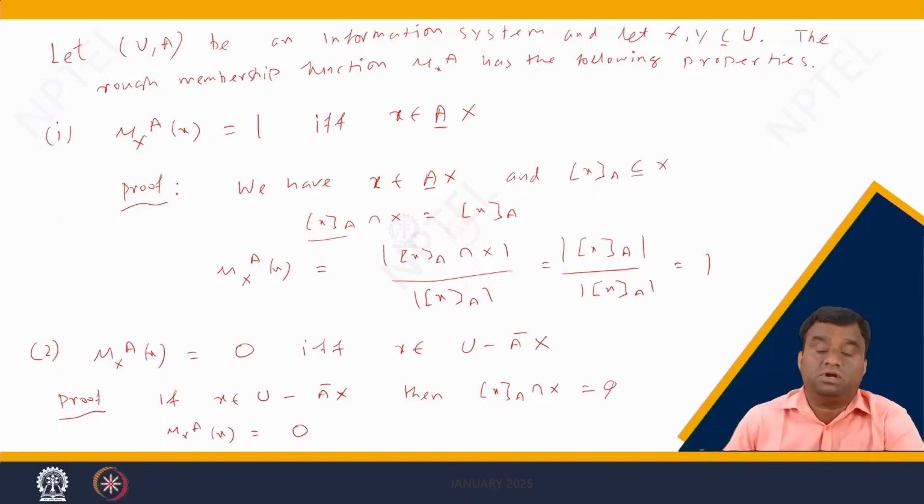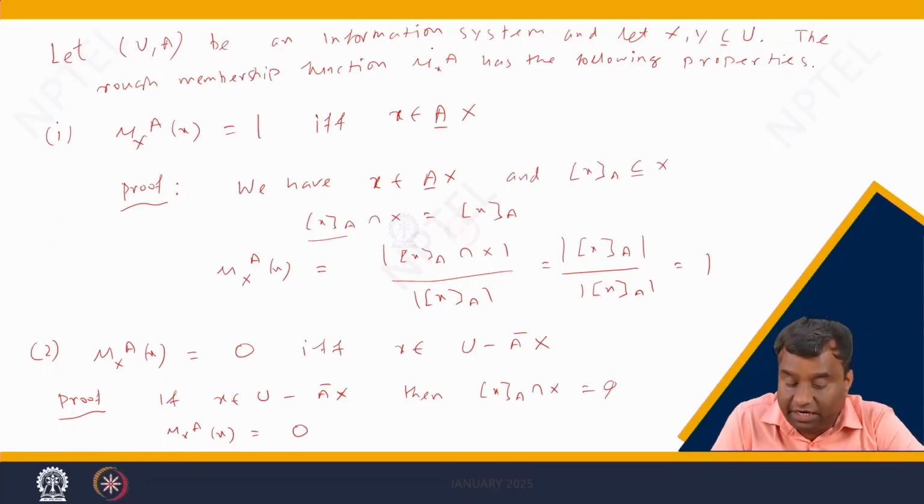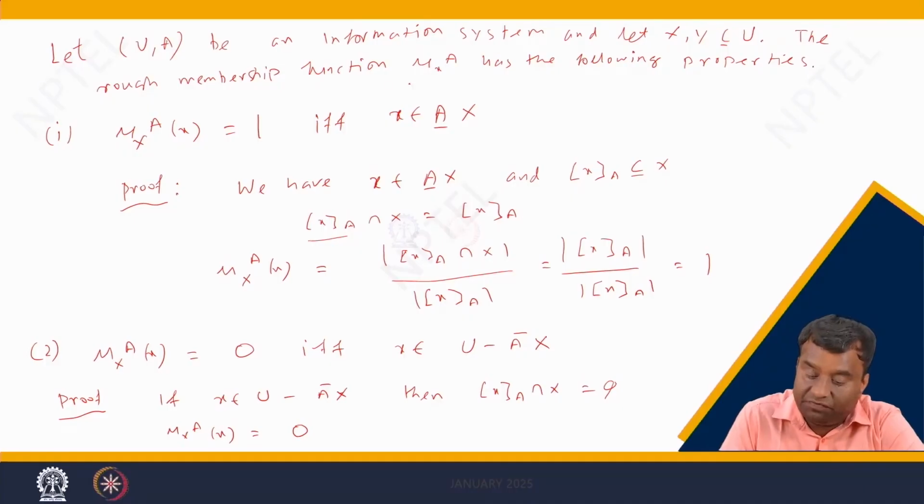So now try to understand the properties. Let U, A be an information system and X, Y be subsets of U. The rough membership function mu X, A has the following properties.